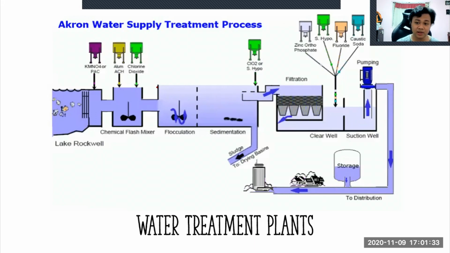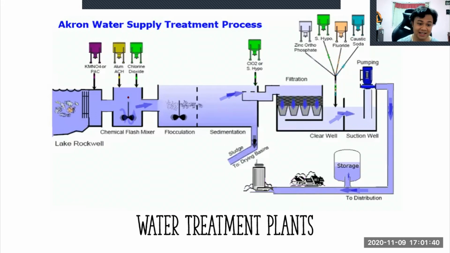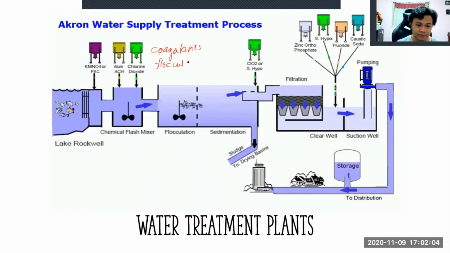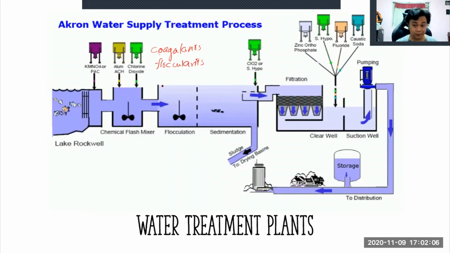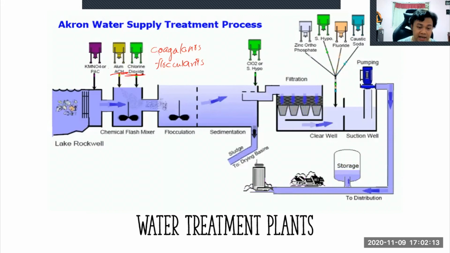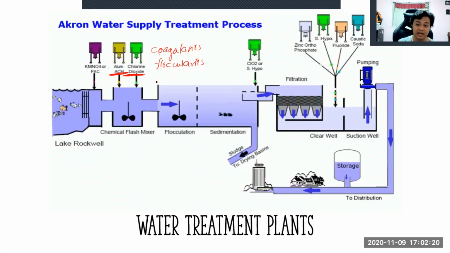So the first thing they do is put coagulants and also flocculants in the water. The functions of these chemicals, for example alum and chlorine dioxide: let's work on the alum first, which is our flocculant or coagulant.